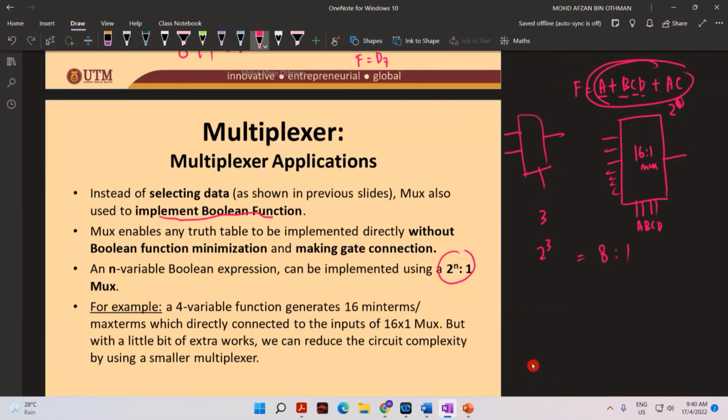So the input of this A, B, C variable ni akan jadi kamu punya selector value. Okay, later we'll see more details on this part. Yang ni kita hanya belajar dia punya theoretical. Okay, at the later stage of our slide nanti kita akan belajar macam mana nak implement the Boolean function using multiplexer.